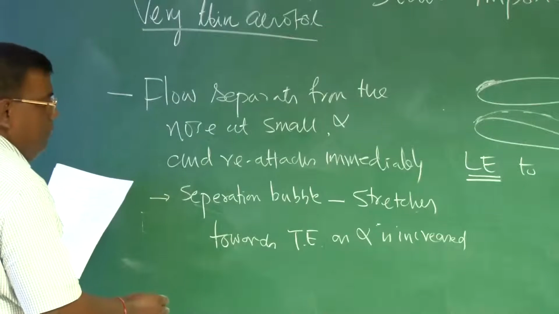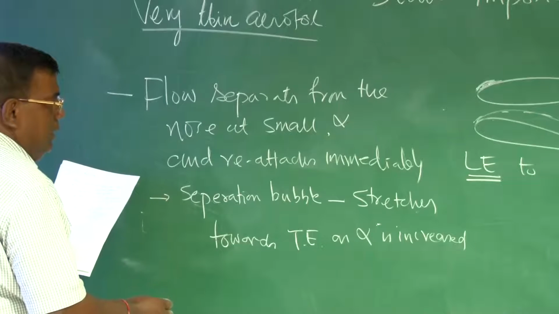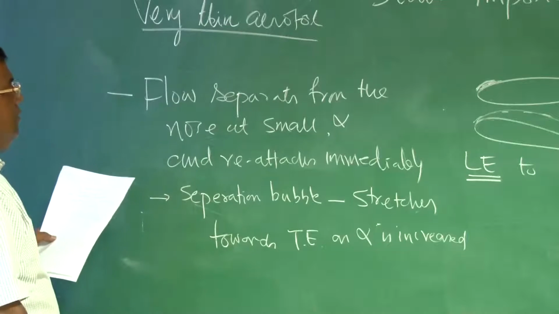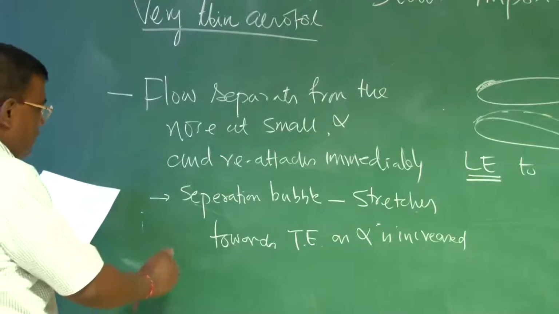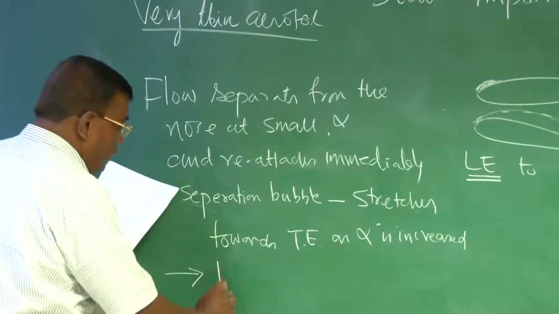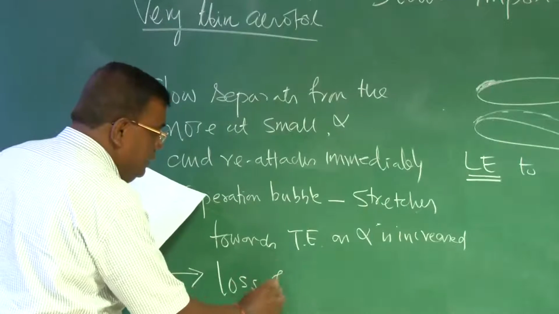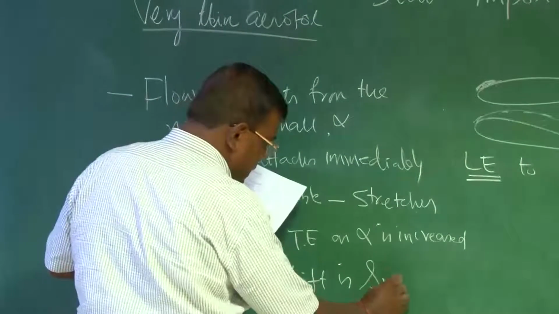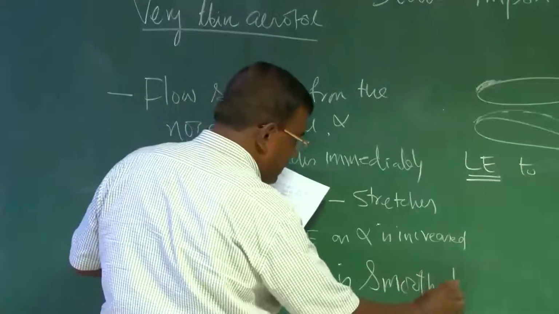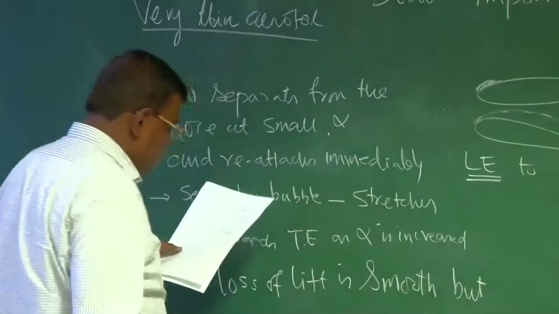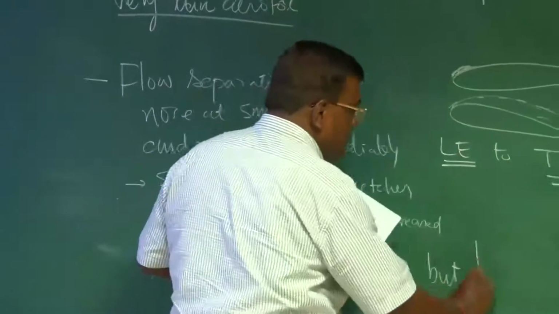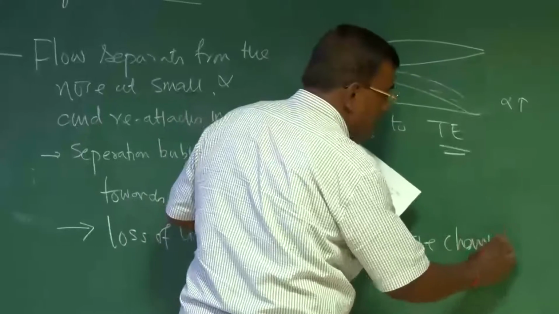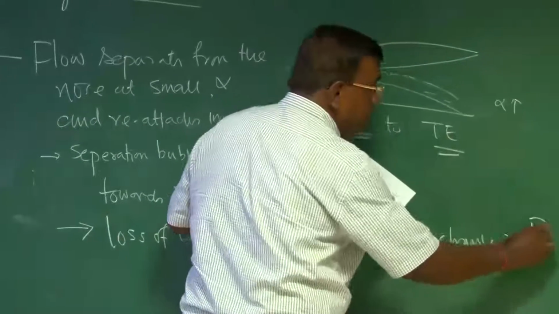So if I try to see the similarity between what we're talking about, thinner and very thin aerofoil, here you will observe loss of lift is smooth, but large changes in pitching moment.